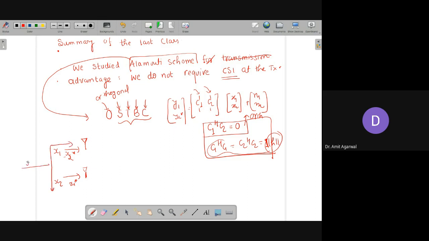Whatever input stream is coming, we now code it in both space, meaning antennas, and in time, because we transmit x1, x2 in one time slot, and this in the next time slot. That is why it is called orthogonal space-time block codes.